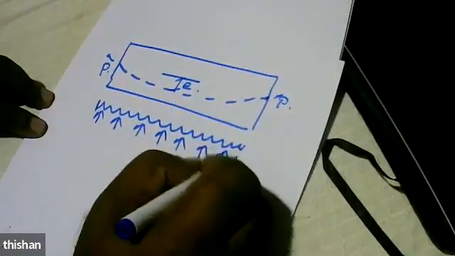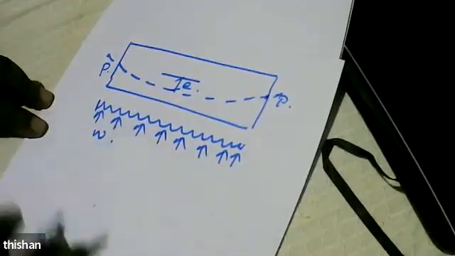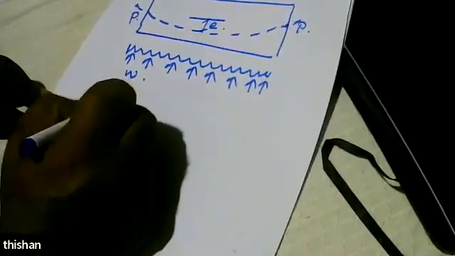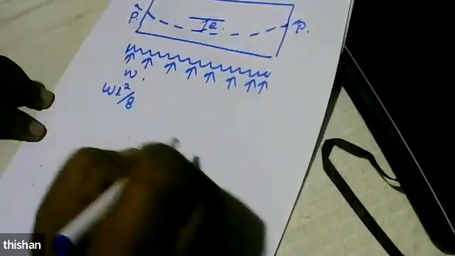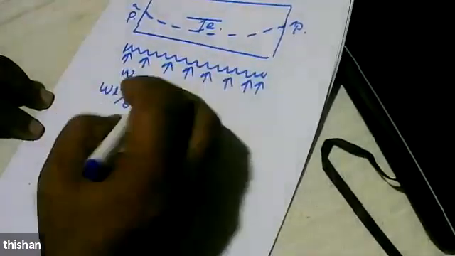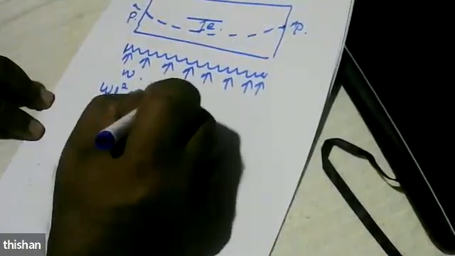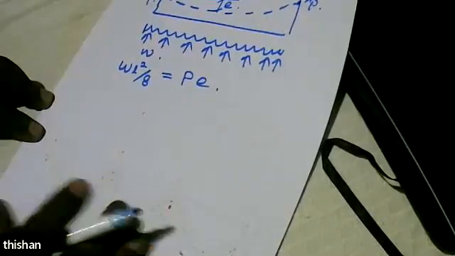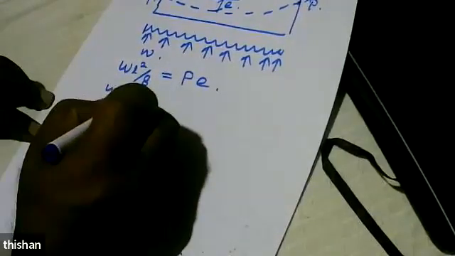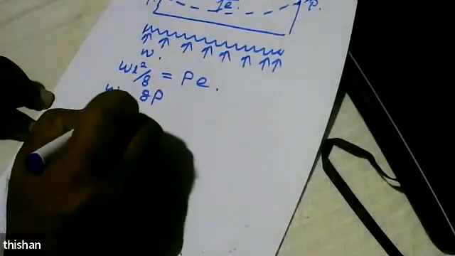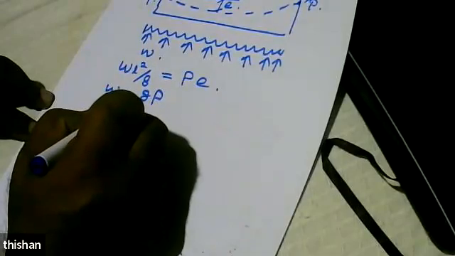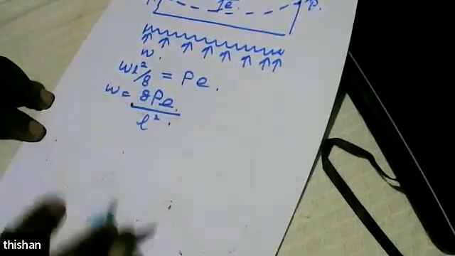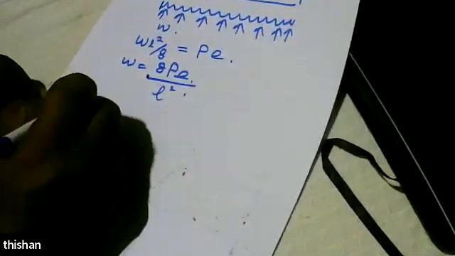If that UDL has a magnitude W, then W L squared over 8 is the maximum moment that you get at the center, and it is equal to P times E. Because of that, we can say W is equal to 8PE over S squared. And we say this is an equivalent load.